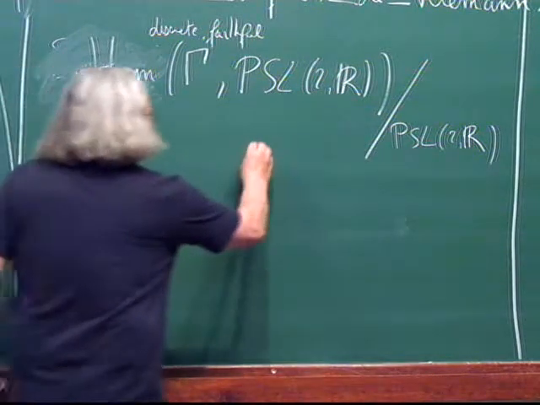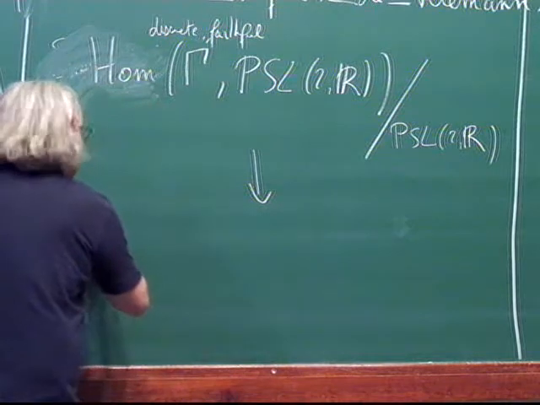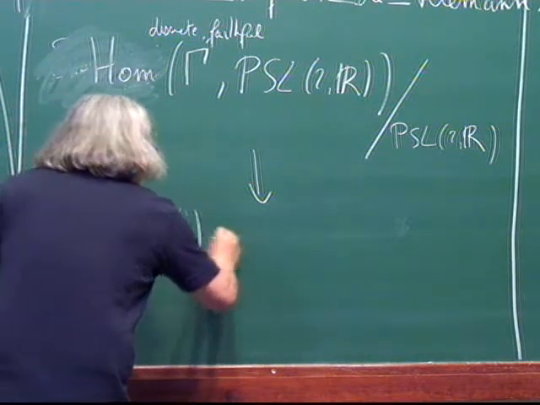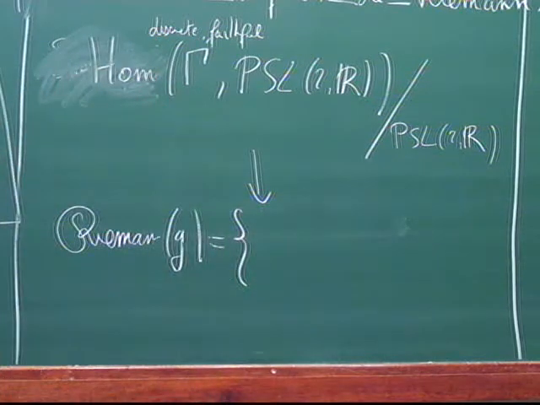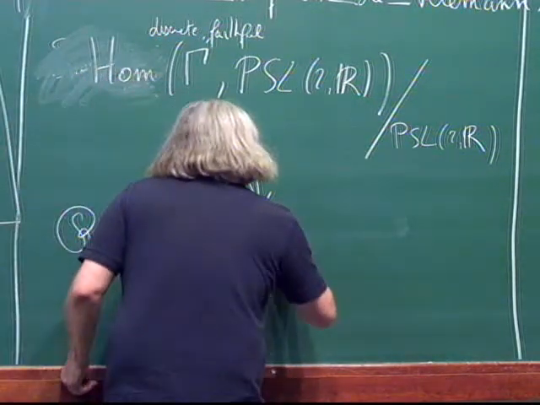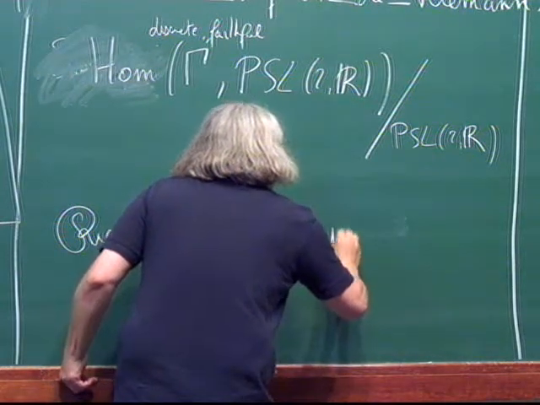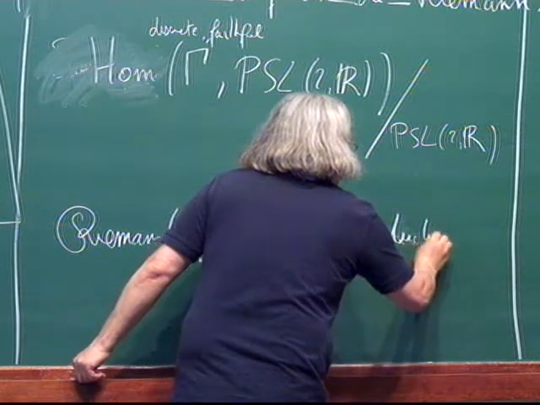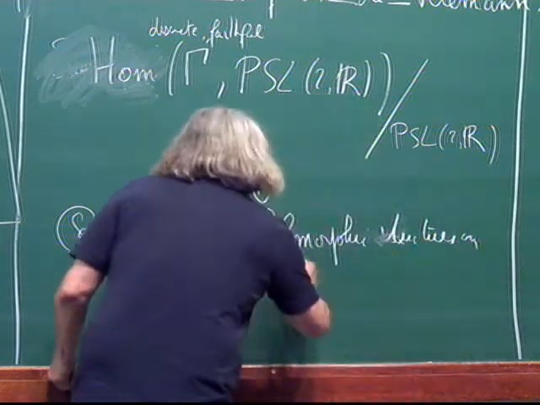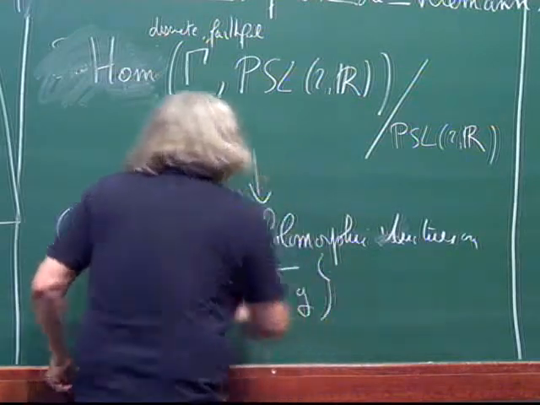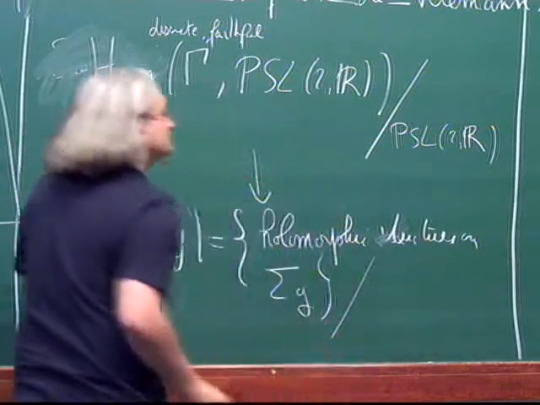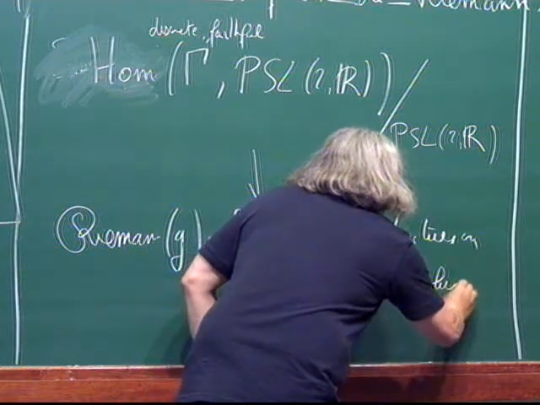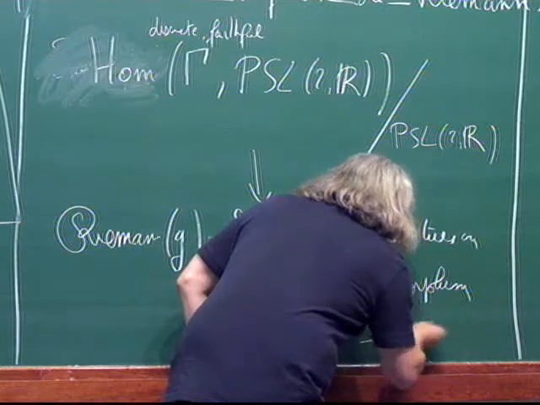and you map that to what I called last time Riemann of G, which is the space of holomorphic structures on the surface of genus G up to isomorphisms homotopic to the identity.